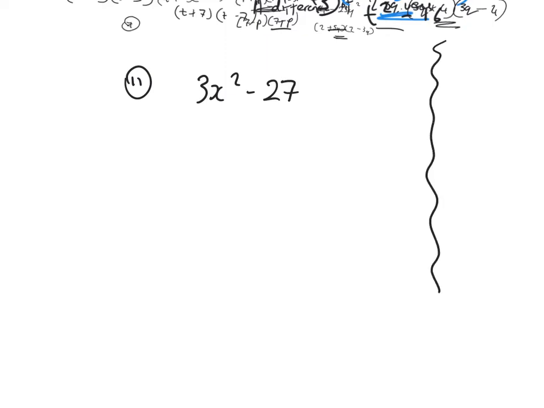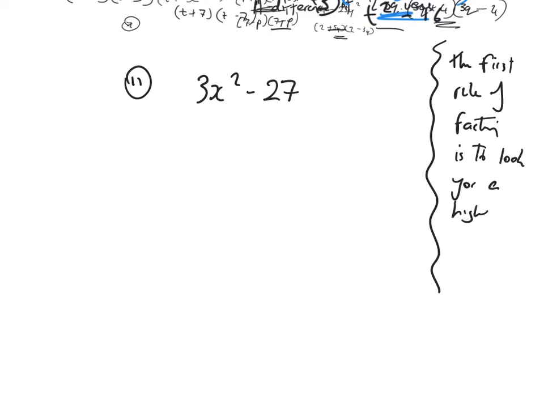Okay, let's just introduce a slightly different dimension here. Example 11. Okay, 3x squared minus 27. Okay, it's worthwhile taking note at the side here, which is the first rule of factorising is to look for a highest common factor.